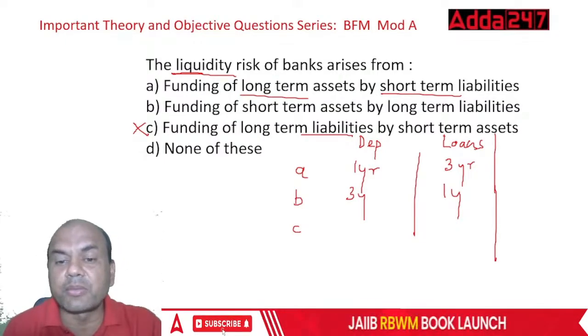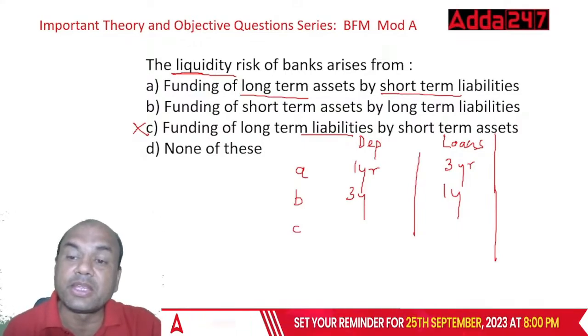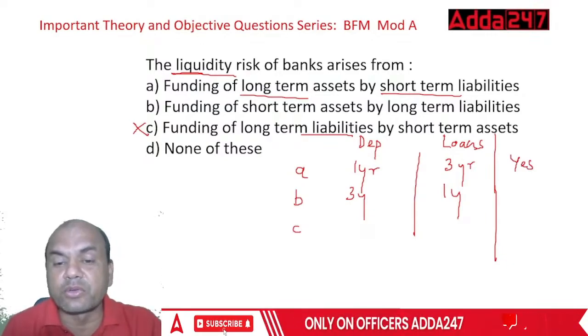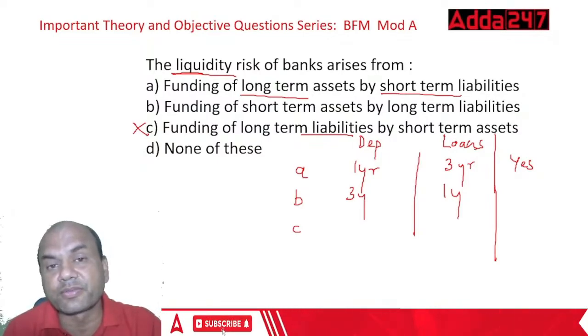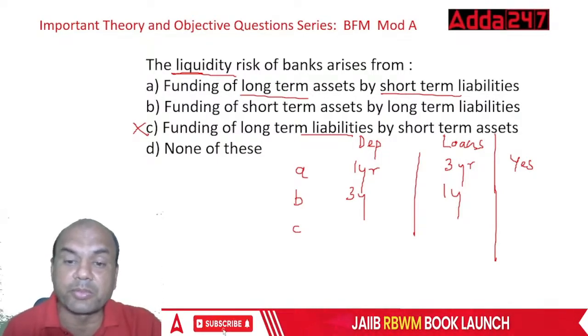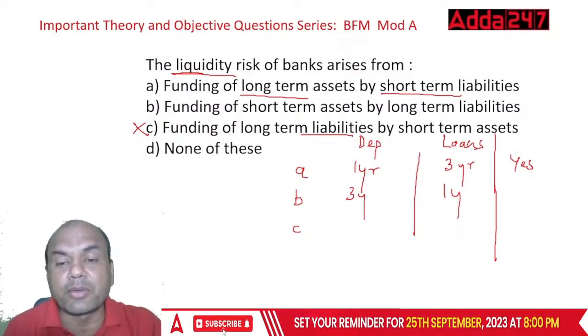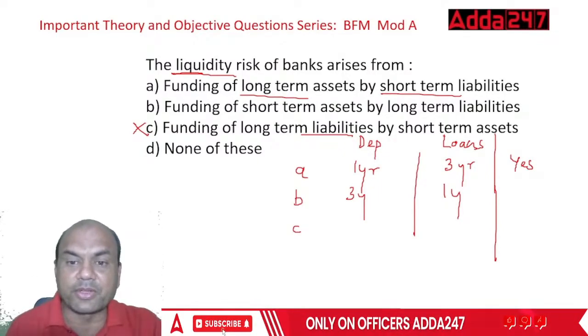Between A, 1 year deposit I am having and 3 years loan I have given. So will it create a problem for me? Yes, it will. Why? Because this person who has deposited will come to me after 1 year, but this person will pay me after 3 years. So this will be a problem to me. What about B? If this person has given me a deposit of 3 years, this person will come after 3 years, but this borrower will pay me immediately after 1 year.